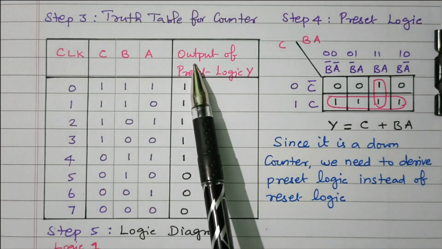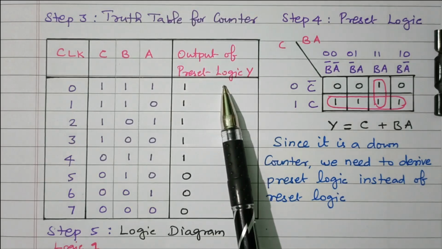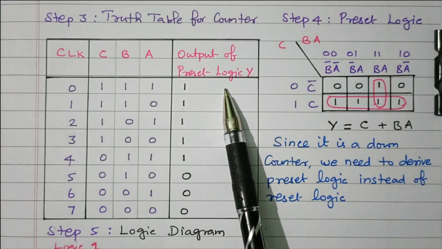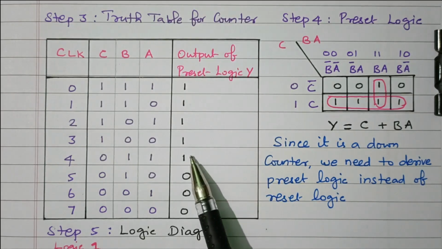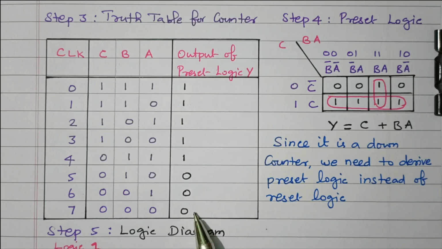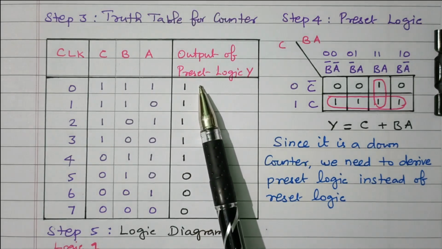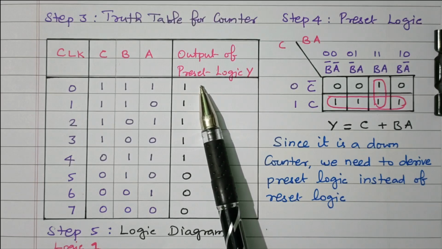This is a preset logic. We need to preset the flip-flop so that it will execute from 7 down to 3, and then it will be preset and start again. If it is an up counter, we give the reset logic: after counting 0 to 4, the flip-flop will be reset.